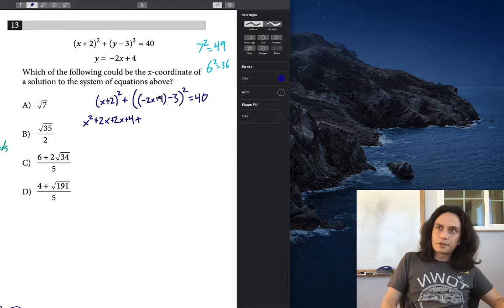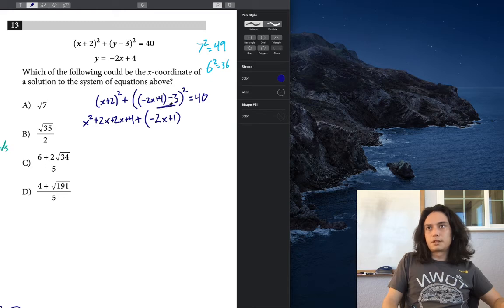I wrote these parentheses out of an abundance of caution, but they actually aren't necessary. What we have here is negative 2x plus 4 minus 3. That's negative 2x, plus 4 minus 3, that's plus 1.